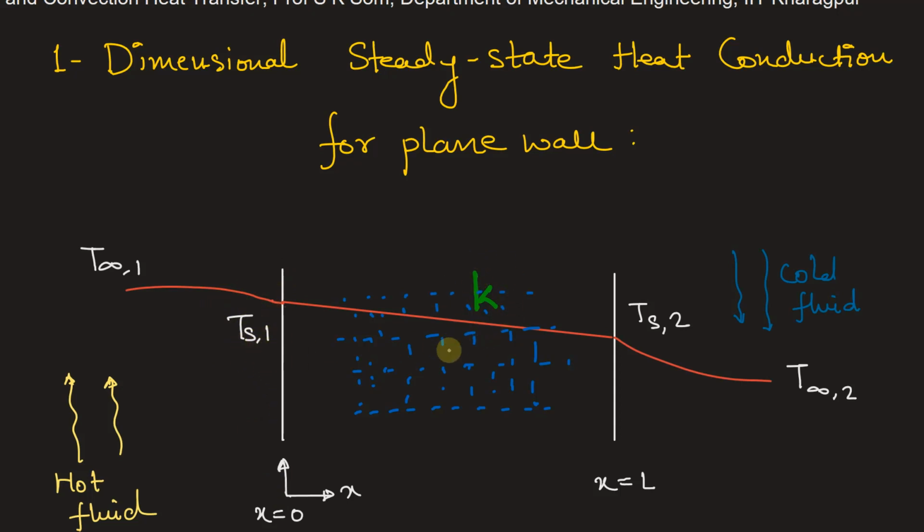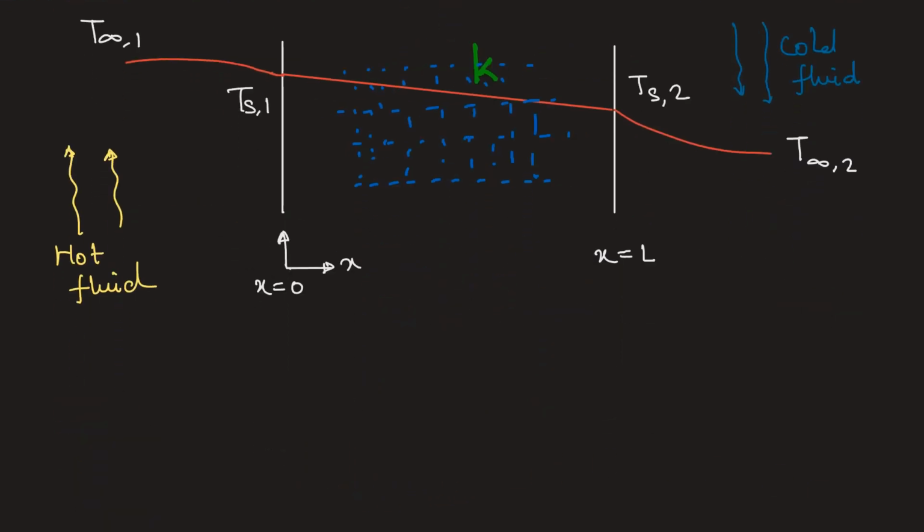K is the conductivity of this material, and the length of this wall is L. This is only one-dimensional steady state heat conduction, so we will consider the equation only in the x direction.